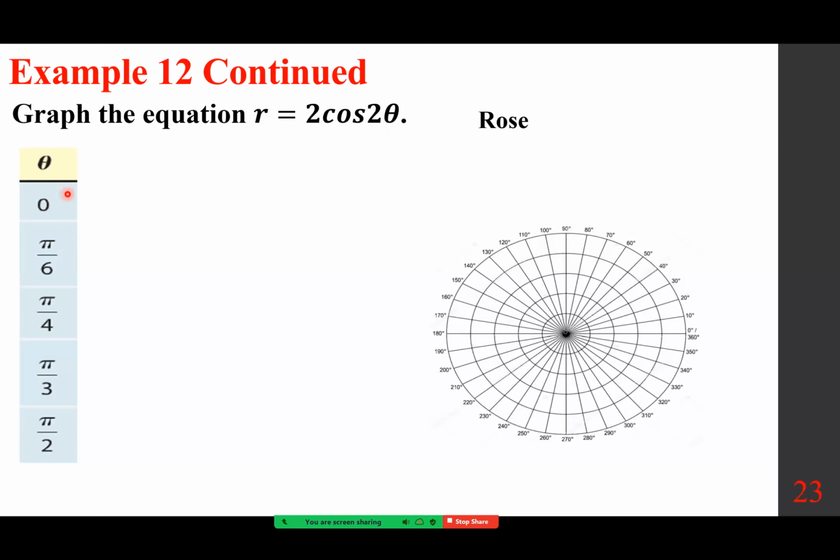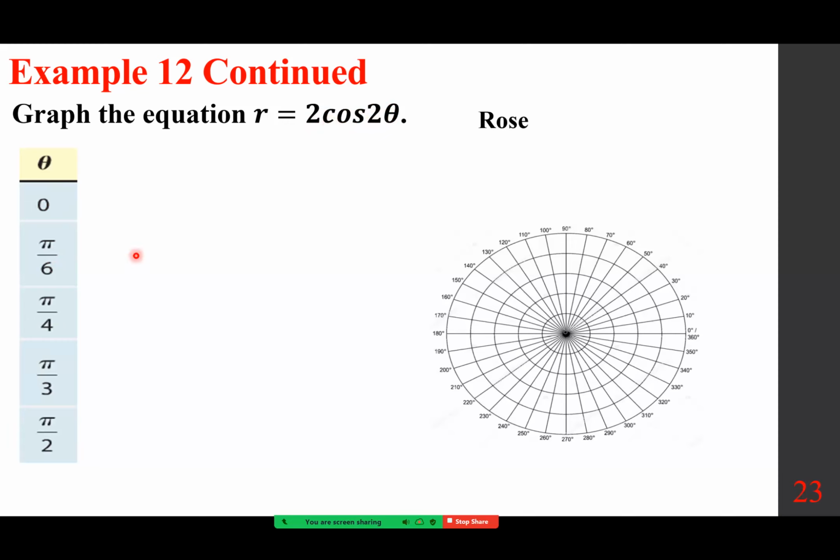And so for 0, if I put 0 here, I get 1, 2 times that makes it 2. Pi over 6. 2 times pi over 6 is pi over 3. That means 1/2. Cosine of pi over 3 is 1/2. 2 times that makes it 1.